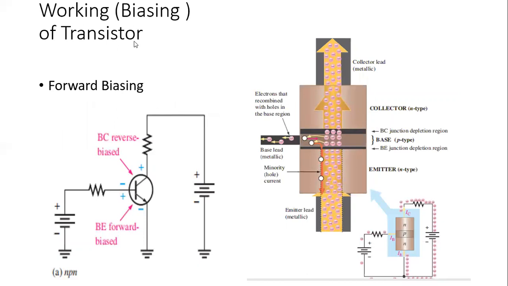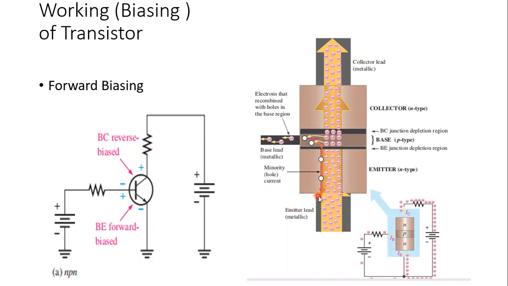So working or the biasing of the transistor, here the forward bias condition is shown for a transistor. Here we have applied the base to emitter forward bias, and here we have used a reverse bias between the collector and base junction.